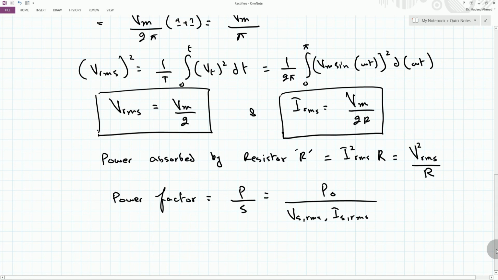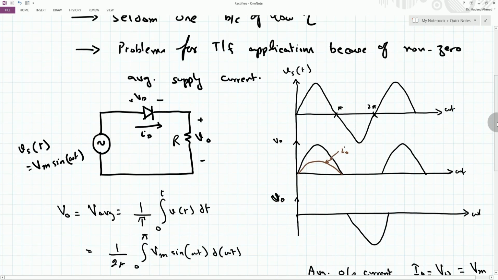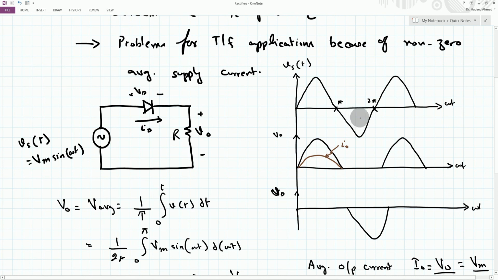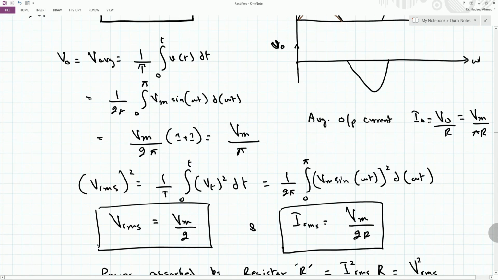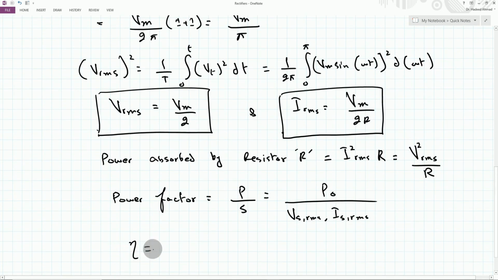Now for this particular rectifier, as I have said, the efficiency is quite low, since we are not utilizing anything from the negative half cycle. So if I write down the efficiency equals PDC over PAC, then this is equal to V naught into I naught divided by the PAC, which is Vs RMS into Is RMS.